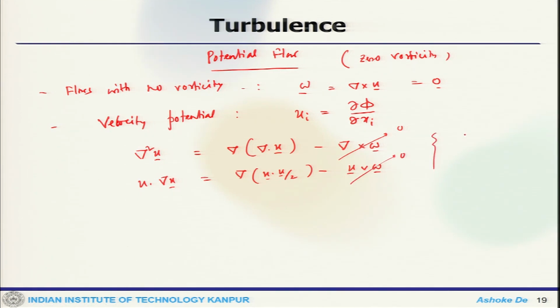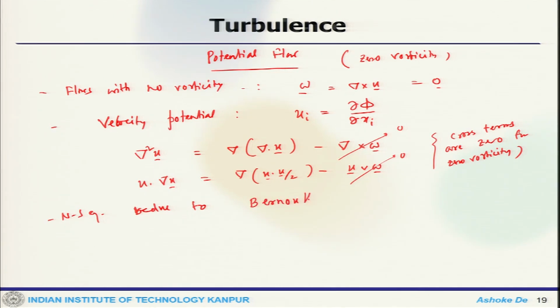So, the cross terms are 0 for 0 vorticity. So, for potential flow, the Navier-Stokes equation actually reduces to another famous equation called Bernoulli's equation.